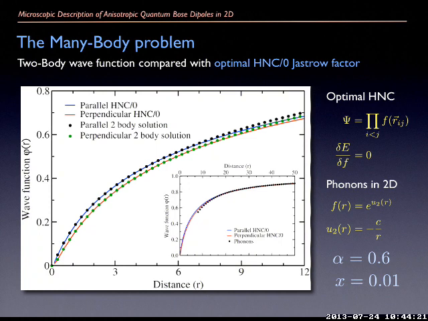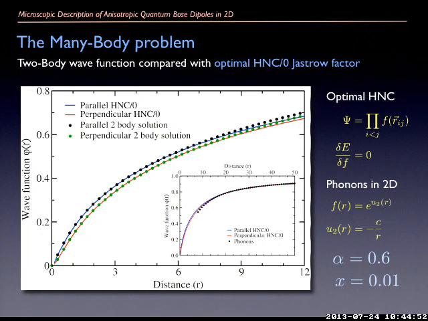We performed variational calculations using the matching point between our solution and the phonon behavior as a variational parameter, so that you can get perfect agreement. So what you could do from HNC can be reproduced very nicely using the two-body solution matched with phonons. So that was the plan: in the end, to use this two-body solution matched with phonons.